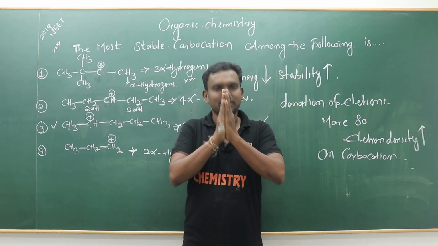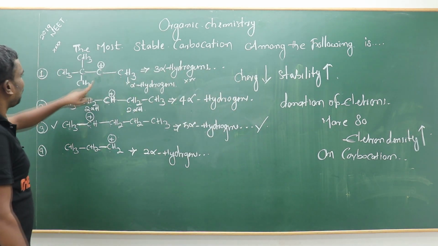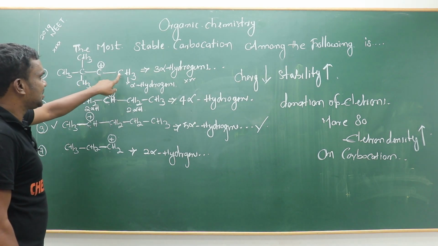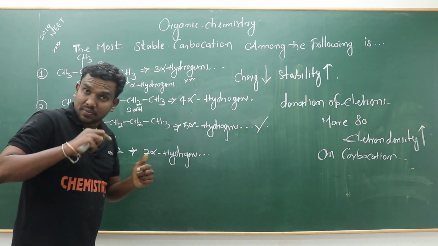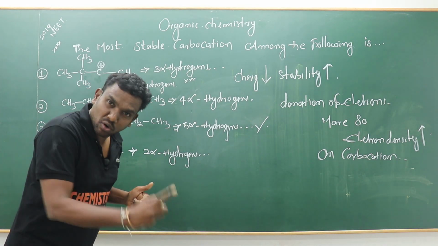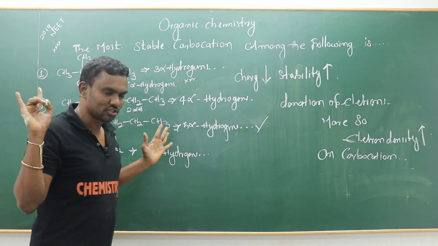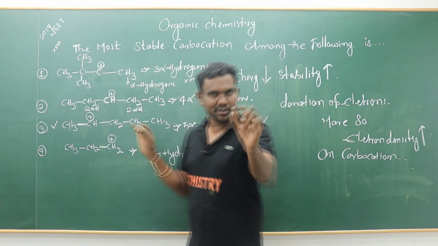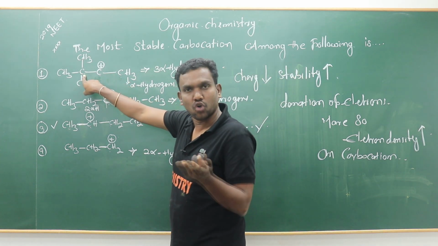So simply you have to remember only one thing. First of all, find out the carbocation. Find out the beside carbon. Beside carbon contains more number of hydrogens, that is very stable. See here. Carbocation, beside carbon, no hydrogens.